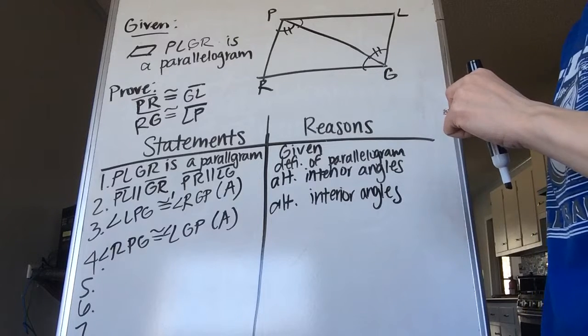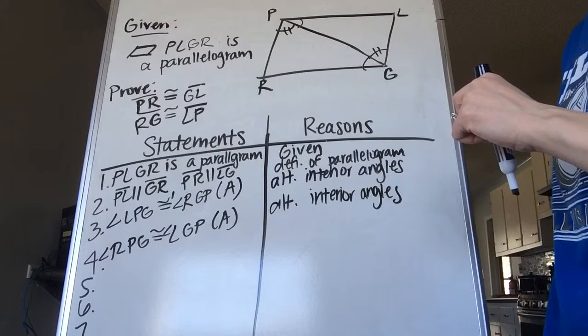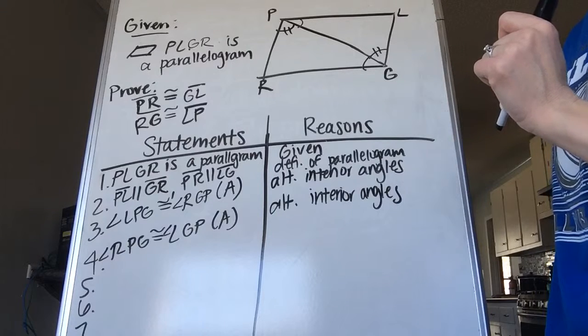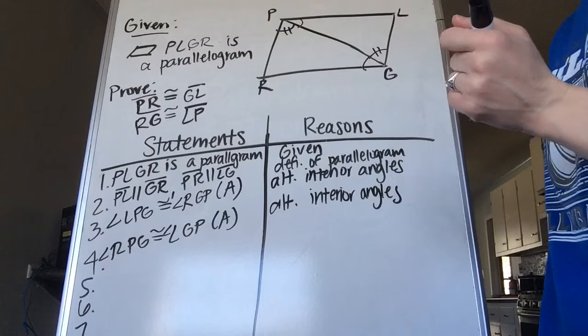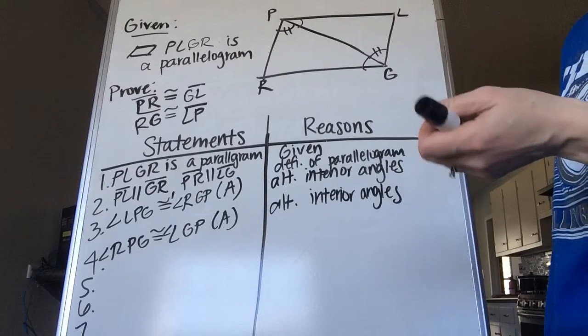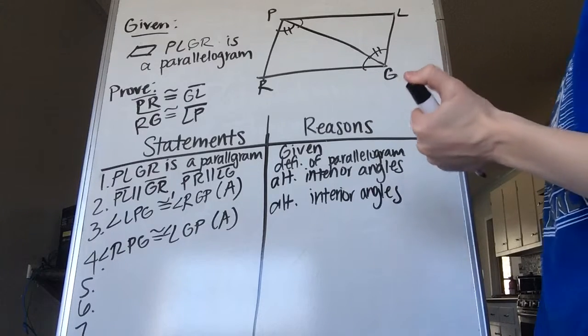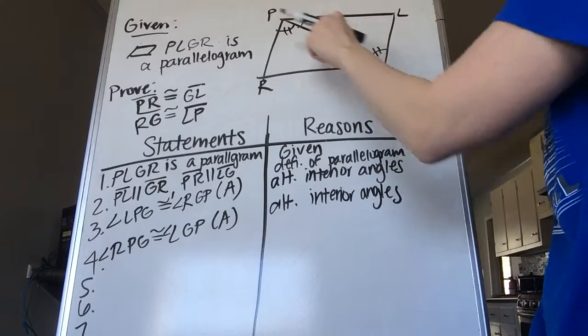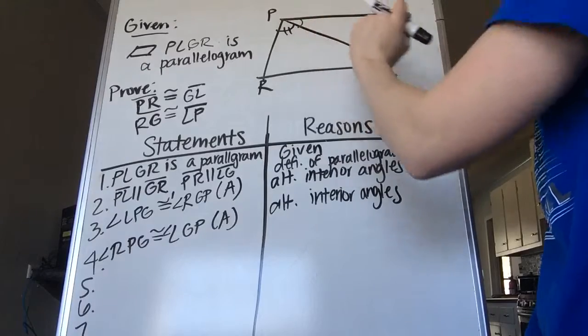Next, we have two angles. What else could we use here? Remember, this lesson is over angle, side, angle. So we're going to look for a side. I don't think we can figure out what the other angle is, and that hasn't even been a proof that we've worked with. So our side that is in between these two angles is right here, PG.